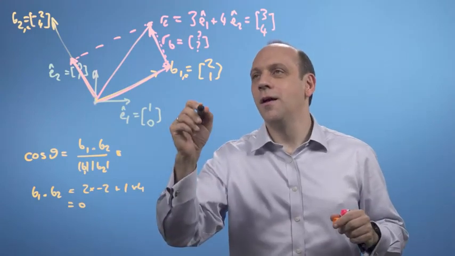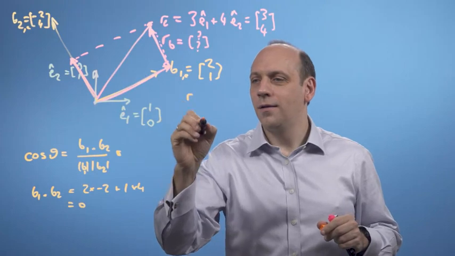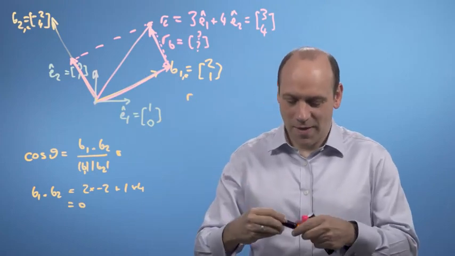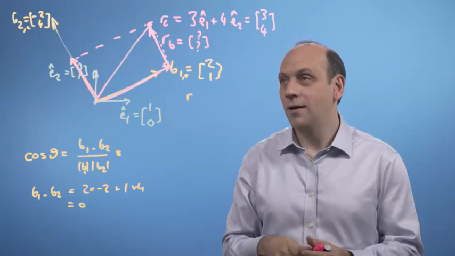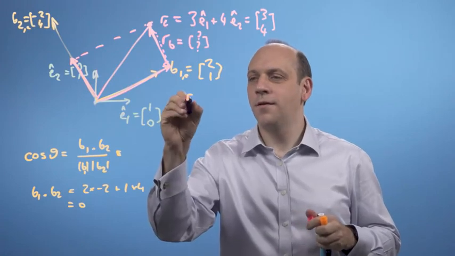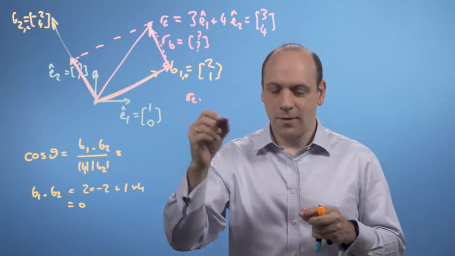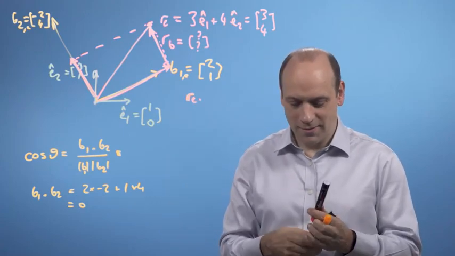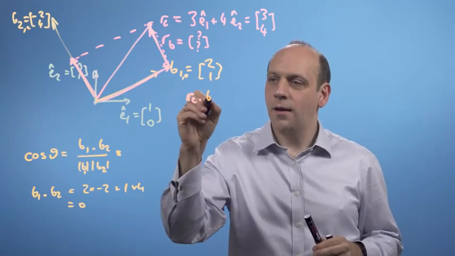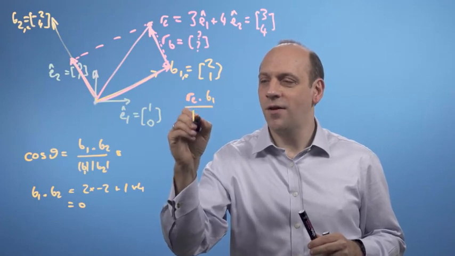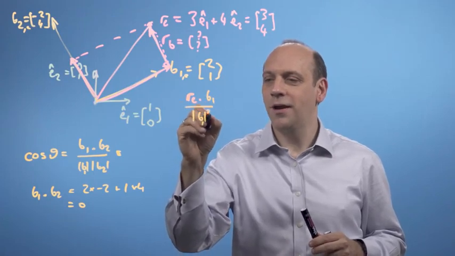So if I want to know what R is described in the basis E, and R's pink, right? So if I take R in the basis E, and I'm going to dot it with B1, and the vector projection divides by the length of B1 squared.